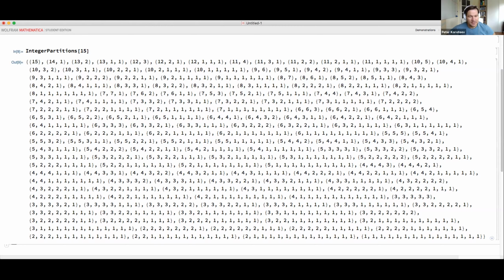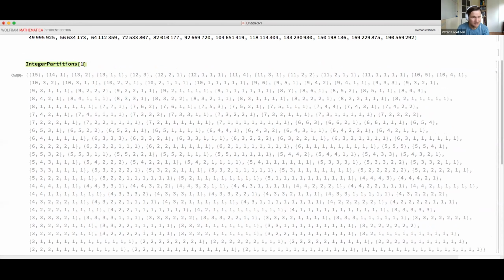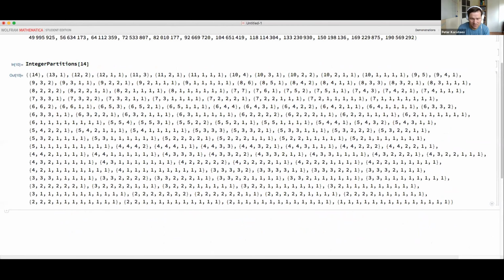Okay, so now here you can just annotate on top of the screen. So maybe 14 is enough. Let's maybe start with 14. So I circle partitions whose parts are not divisible by 3.